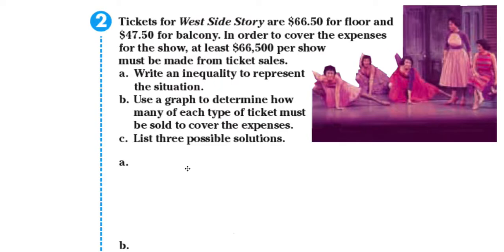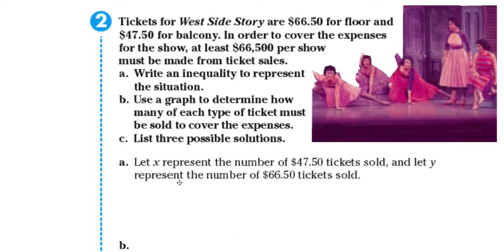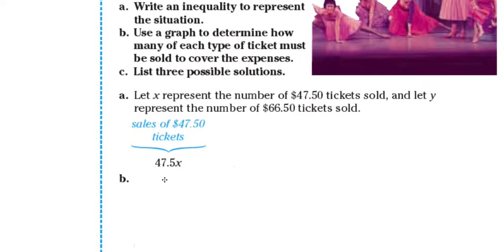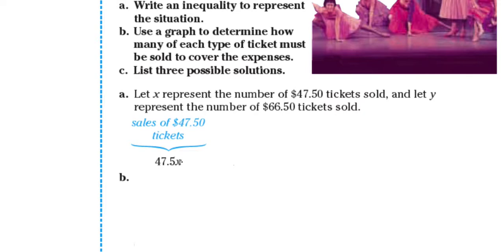So again, since it's a word problem, we use a let statement. We let x represent the number of $47.50 tickets sold, and let y represent the number of $66.50 tickets sold. So the sales of $47.50 tickets is represented by 47.5x.